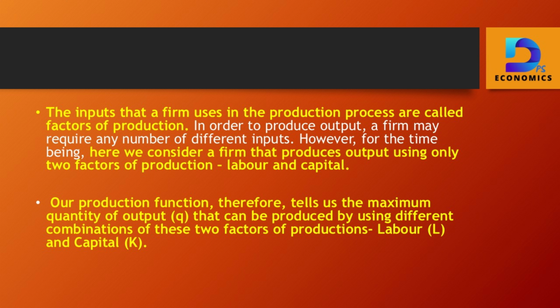Our production function therefore tells us the maximum quantity of output Q that can be produced by using different combinations of these two factors of production, labor and capital. We may write the production function as Q is equal to f of L and K, where L is labor and K is capital and Q is the maximum output that can be produced.